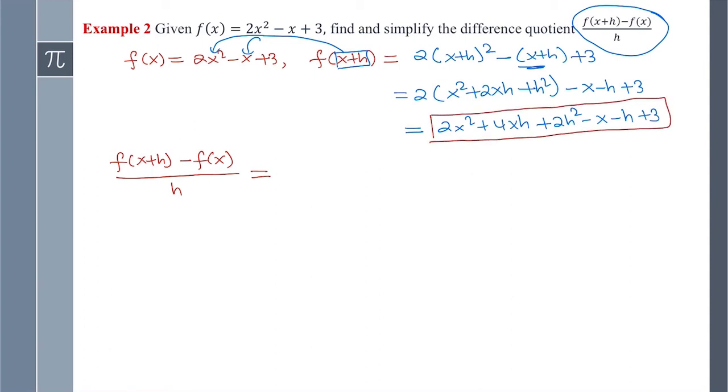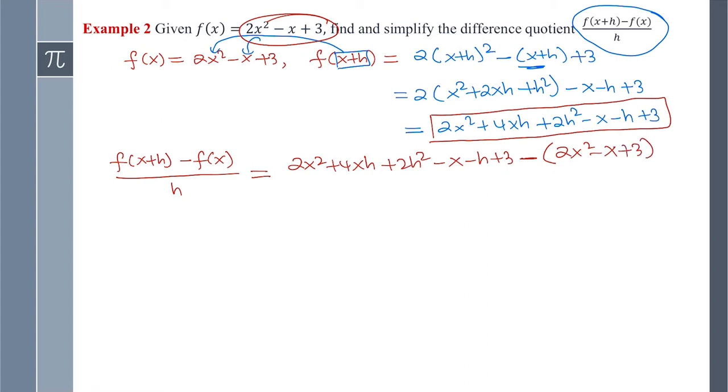So we'll just copy that: 2x squared plus 4xh plus 2h squared minus x minus h plus 3. Then we have minus, and just be careful here, we are subtracting, so we have to use a parenthesis, minus f of x. And f of x is just 2x squared minus x plus 3. And everything divided by h.